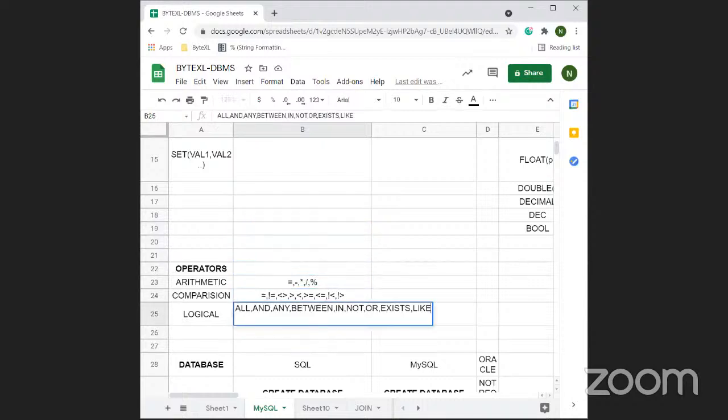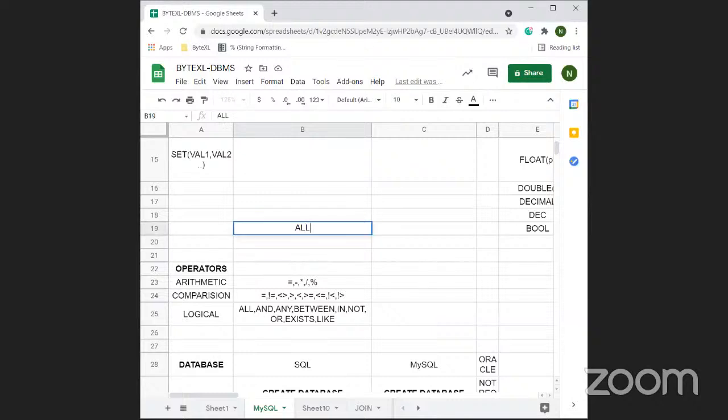EXISTS and LIKE, we will be discussing more again soon. ALL and ANY are also simple. ALL, when we use this, for example, if I take all of x, in x memory location, if all values are true, then only it is considered as true.